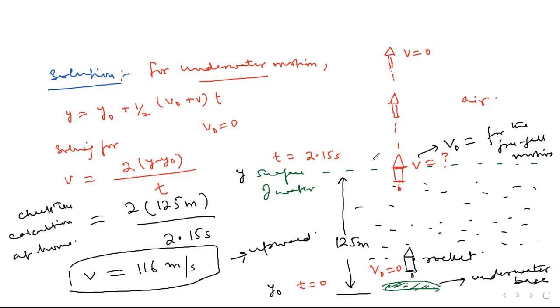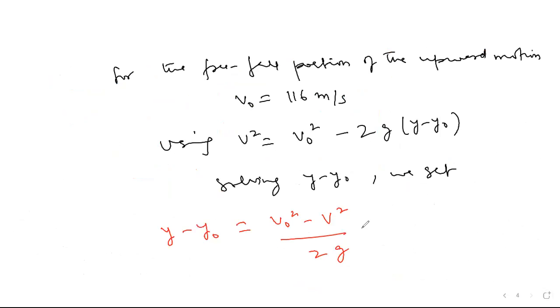And for this portion, the surface of water is our y naught, the initial coordinate, and the coordinate here is y, and this y minus y naught is the maximum height attained by the rocket in the free fall motion. I hope it's clear to you. So let us solve it and put the numbers.